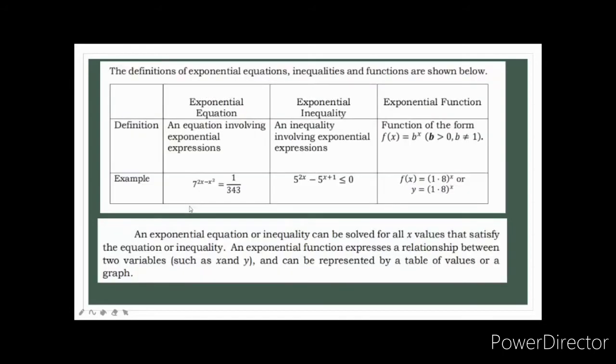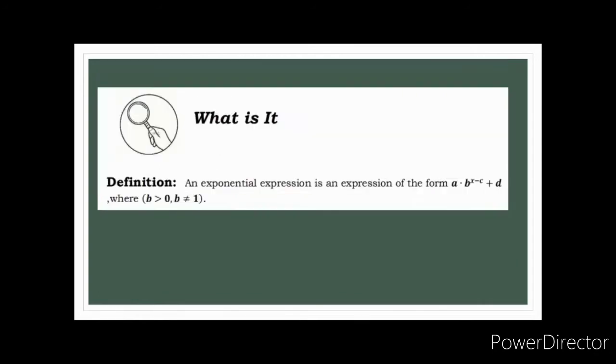Take note of the condition: b is greater than 0 but must not equal 1. Why? Because 1 raised to any positive exponent will always be equal to 1, and that will become a constant function, not an exponential function.